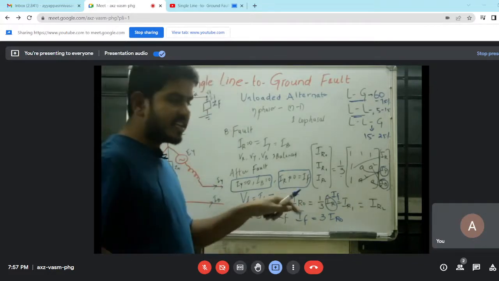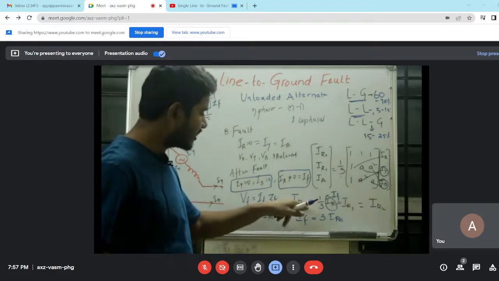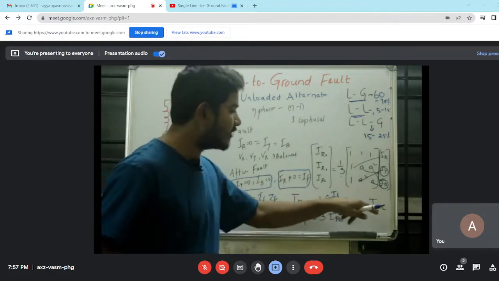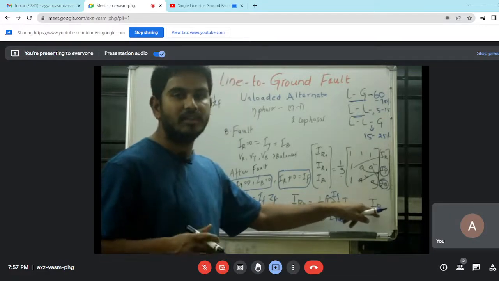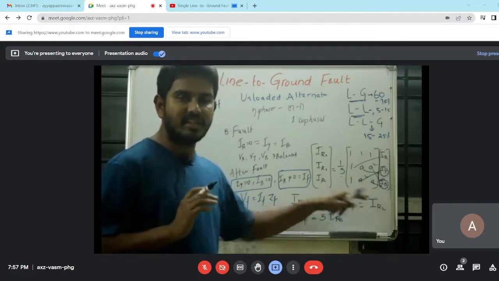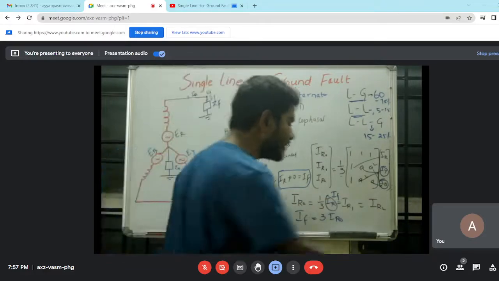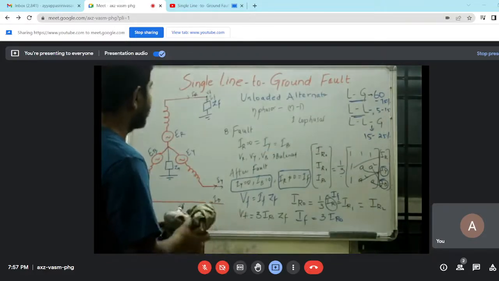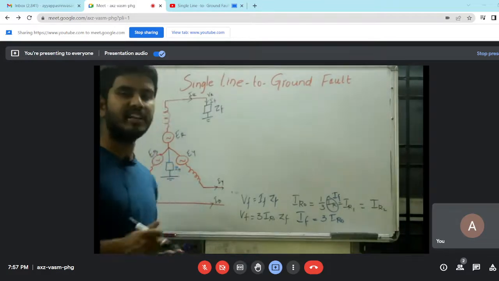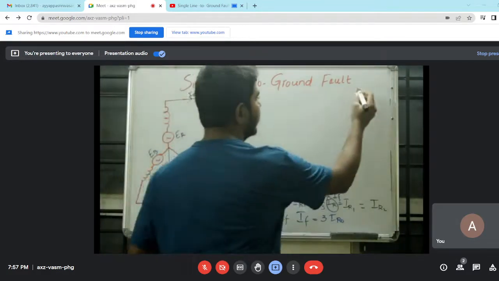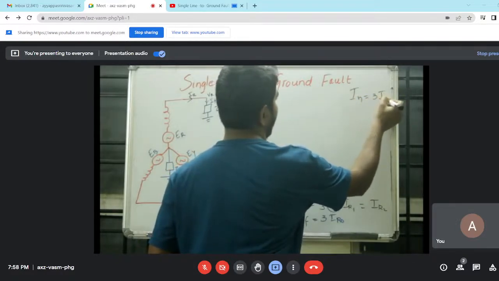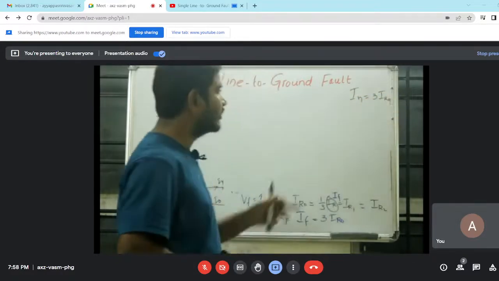Now as you can see, the zero sequence current, the positive sequence current and the negative sequence current are equal. That means they must be connected in series, right? So let us draw the equivalent circuit for this star connected load which is line to ground. While considering the per phase equivalent diagram, we know that the neutral current will be equal to 3 times IR0.